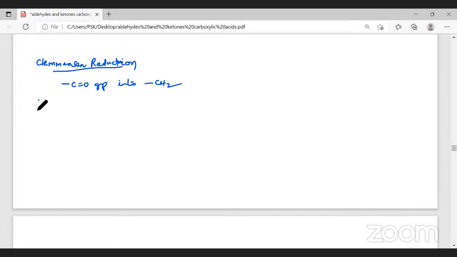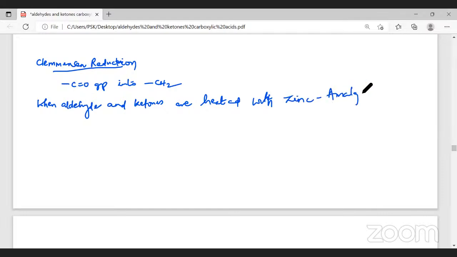So the statement goes like this: when aldehydes and ketones are heated with zinc amalgam in concentrated HCl, hydrochloric acid, corresponding hydrocarbons are formed.